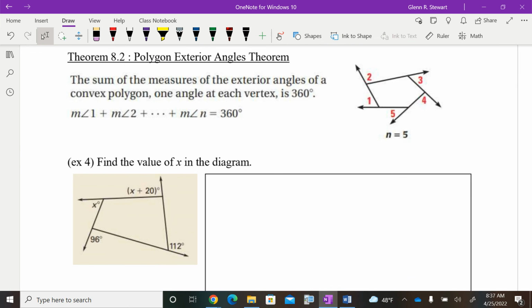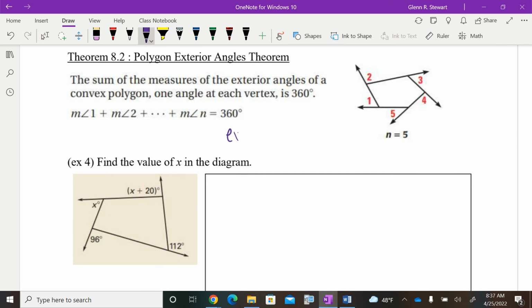Last page that we have for the notes today, only 3 more examples. These talk about the exterior angles of a polygon. I did say that was going to come up too. The sum of the measures of the exterior angles of a convex polygon, one angle at each vertex, is always 360 degrees.